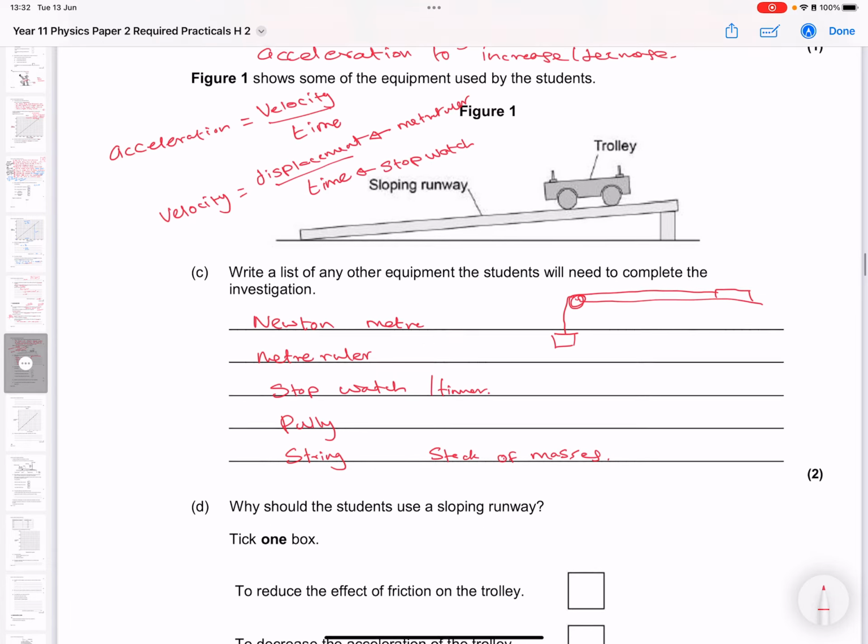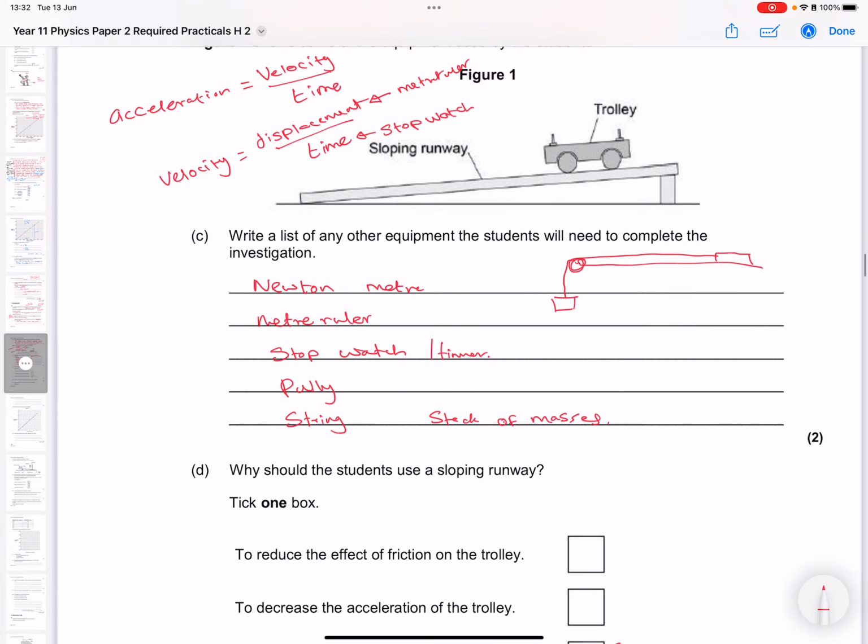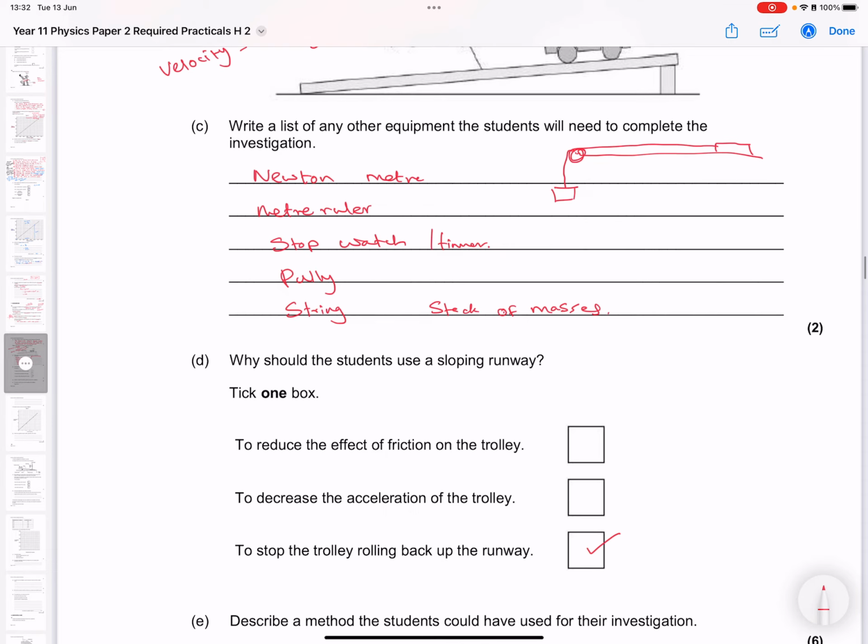So if they had to reduce the friction, they would have to use air drag. So that means they will keep the trolley levitating, so that there is no contact, so there is no friction, because friction is a force when two surfaces rub against each other, move against each other.